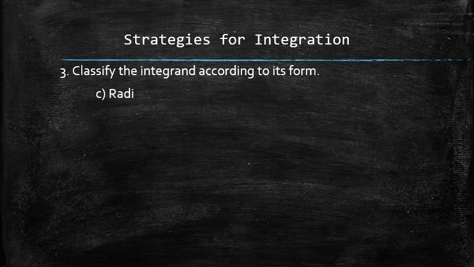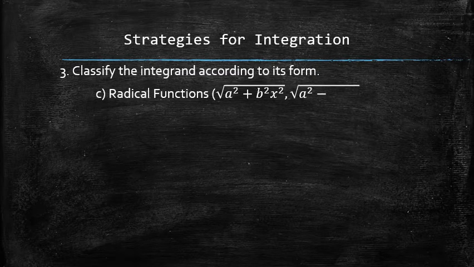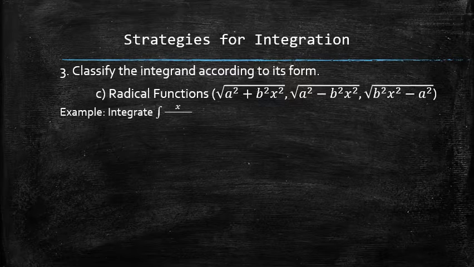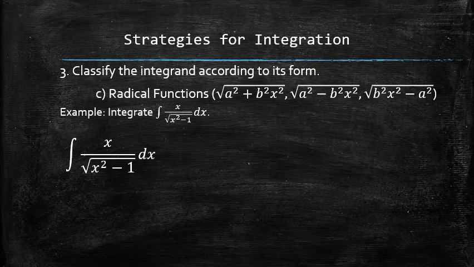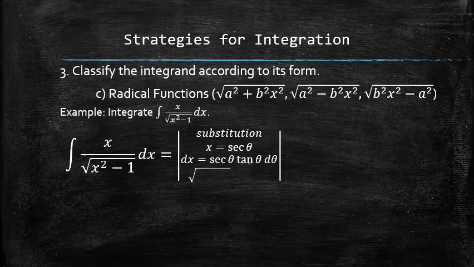We also learned how to recognize certain patterns in radical functions. For example, in the following problem, we first recognize the distinct pattern, and then we set up a substitution by setting the variable x equal to secant of theta and finding the differential of x and the radical expression in terms of theta.